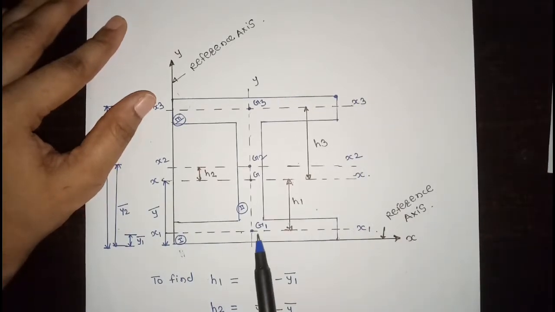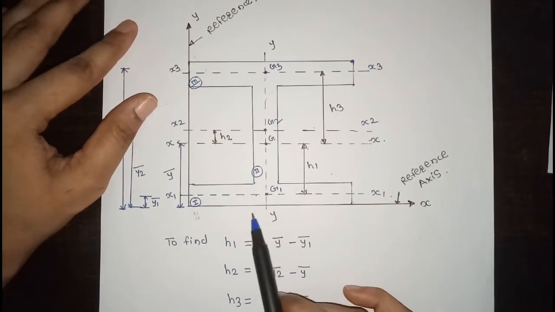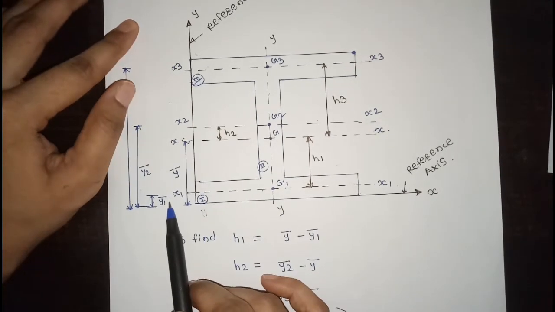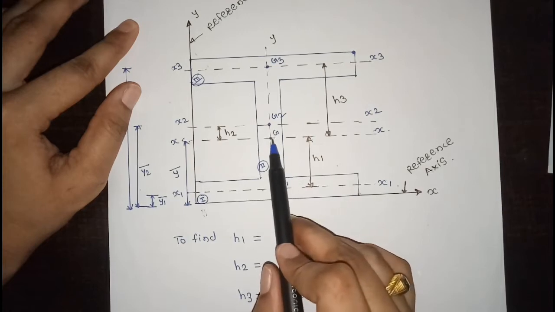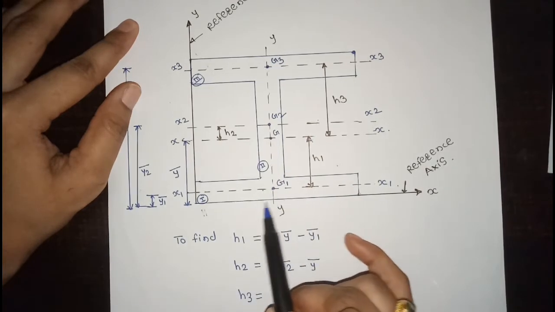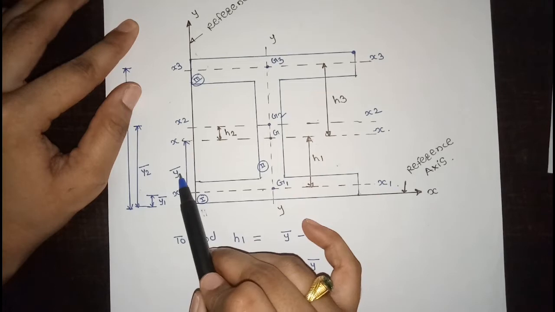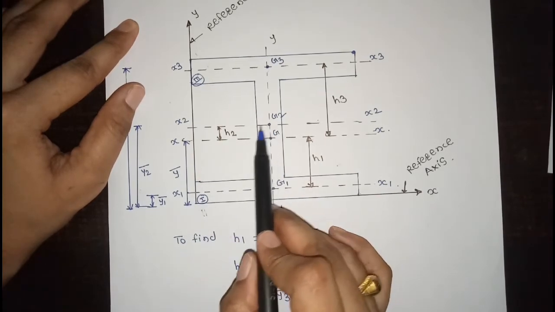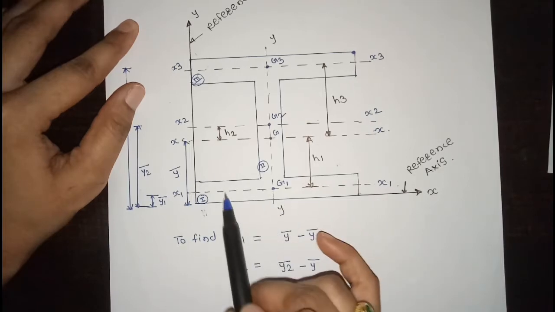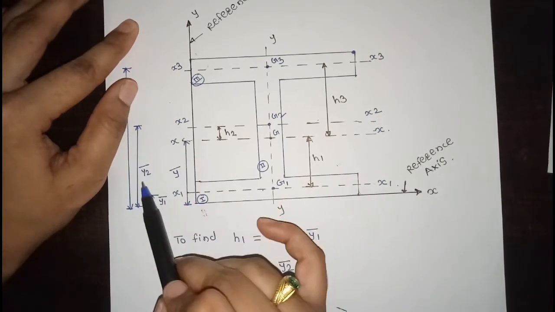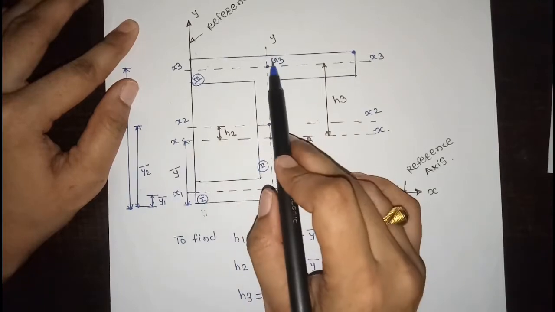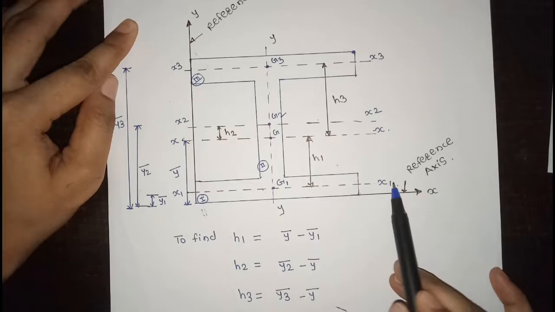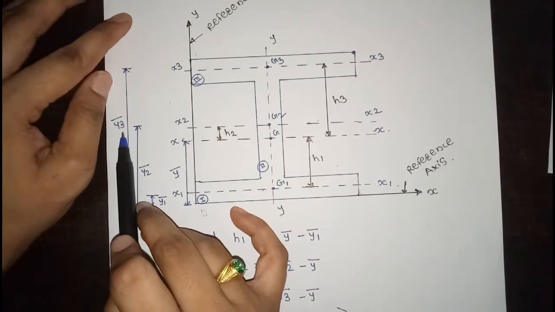Okay. Distance between point G1 and the base x-axis is y1 bar. Distance between point G and the base x-axis means y bar. Distance between point G2 and the base x-axis is y2 bar, and distance between point G3 and the base x-axis is y3 bar.